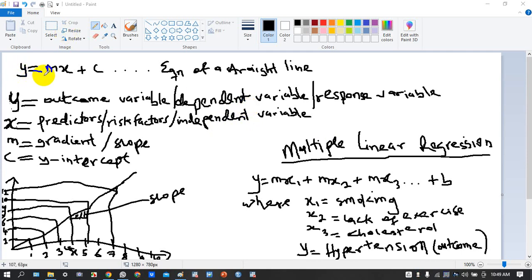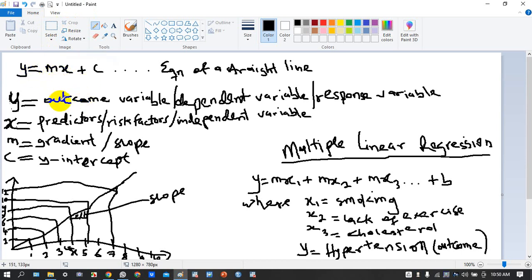The normal equation of a line is defined as y is equal to mx plus c, where y is the outcome variable.